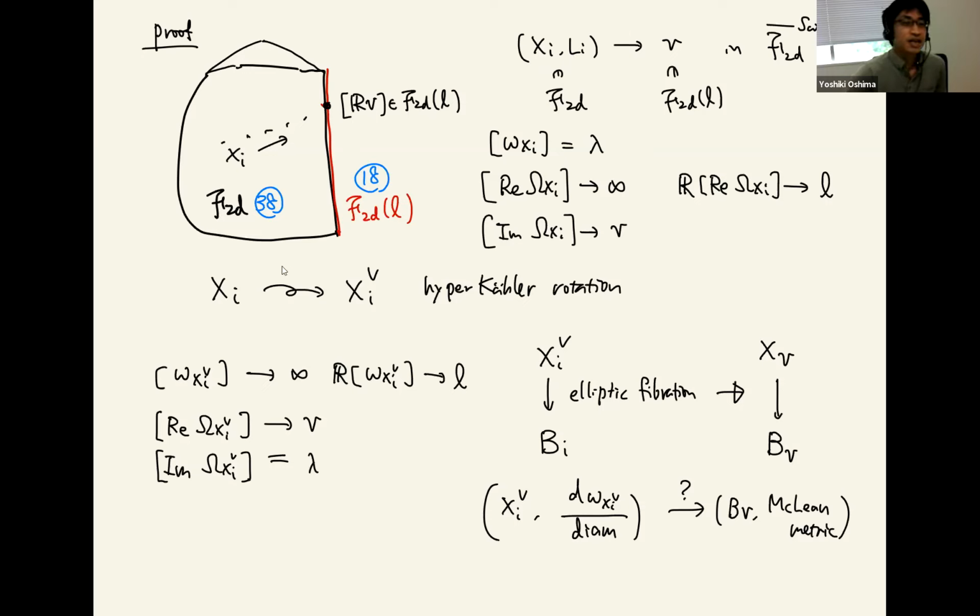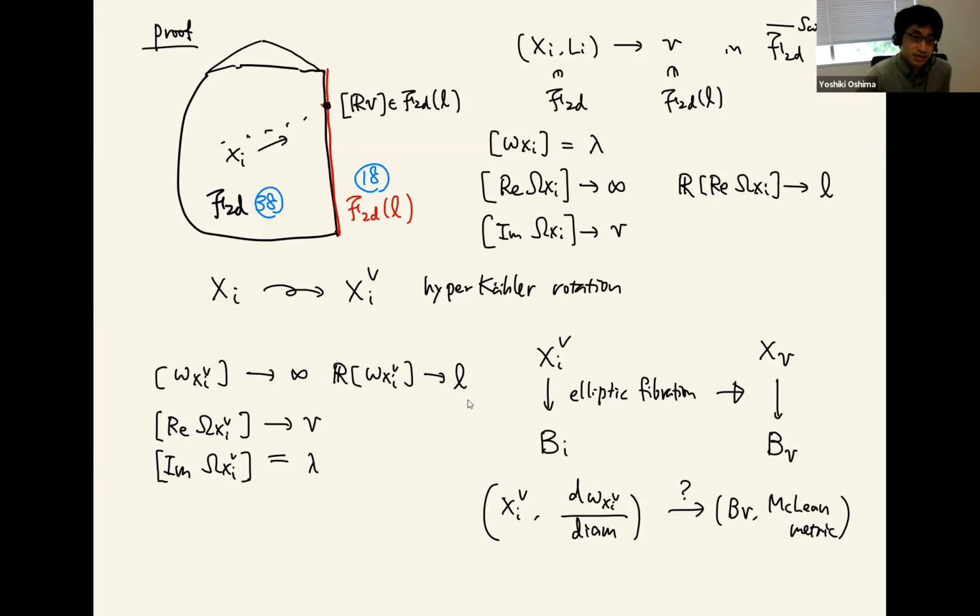And then we consider the hyperkähler rotation of these xi. Then these three periods are interchanged and switched. So in this way, for the holomorphic period, the imaginary part goes to lambda and the real part goes to V, and the Kähler class goes to infinity.